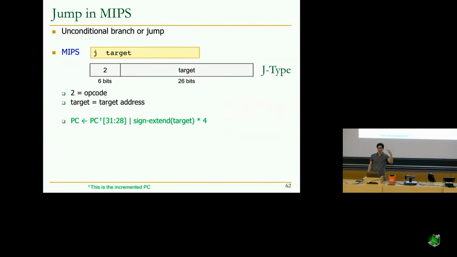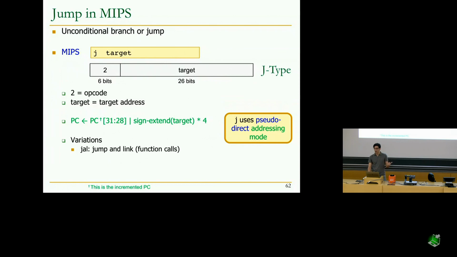So the PC is pointing to the instruction that is in memory after the jump instruction. So that's why this footnote here says that this is the incremented PC. This way of accessing the operand, in this case the target address, is called the pseudo-direct addressing mode in MIPS.